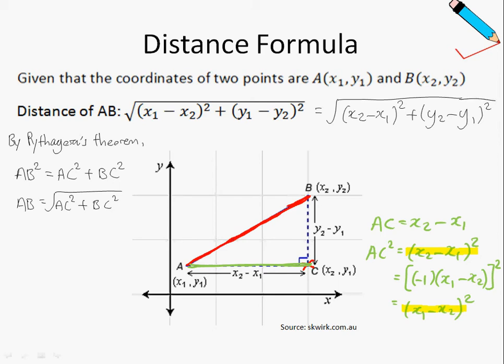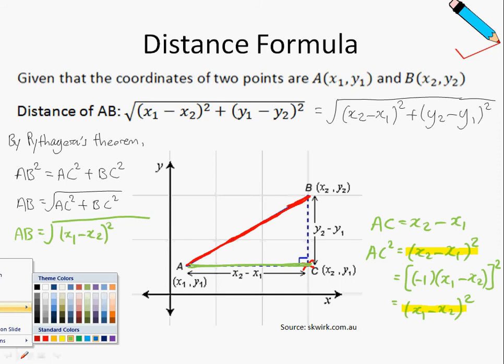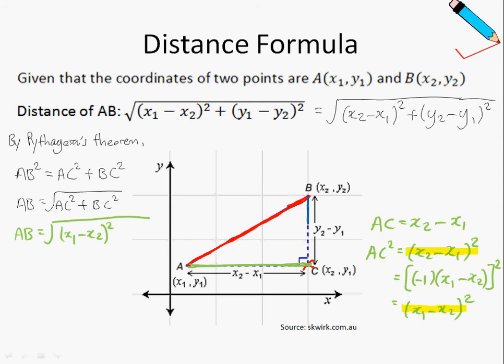So there we have it. Just now we were saying that AB is equal to the square root of AC squared, which is x1 minus x2 squared, plus BC squared. Now let us explore what is BC. For this I shall use a blue colored pen. BC, as you can see from this blue line over here, is equivalent to y2 minus y1.